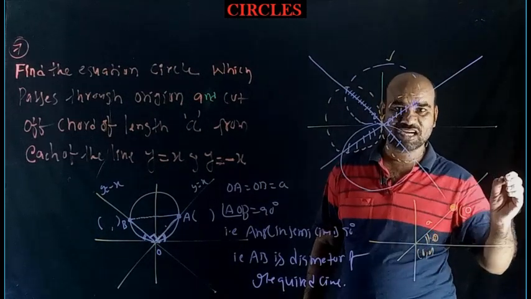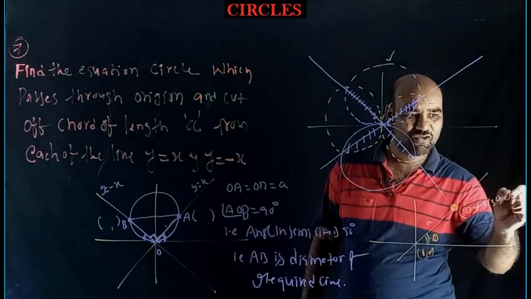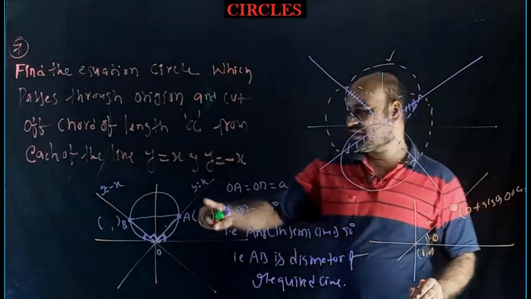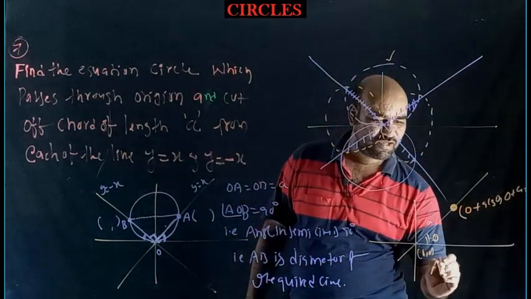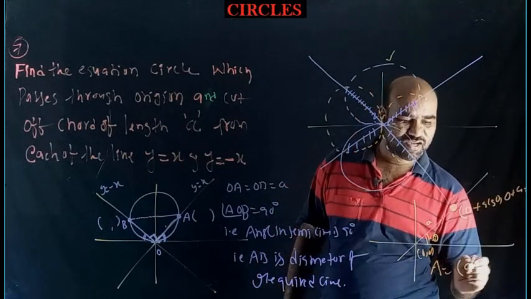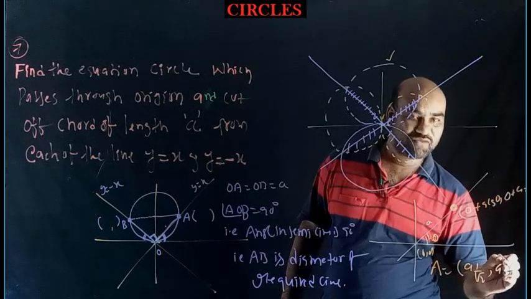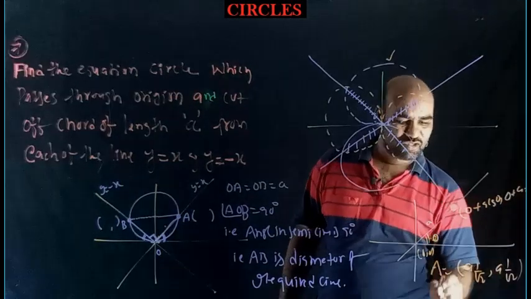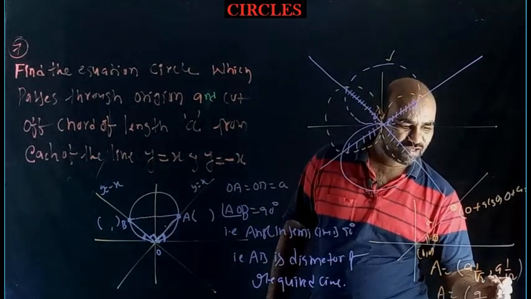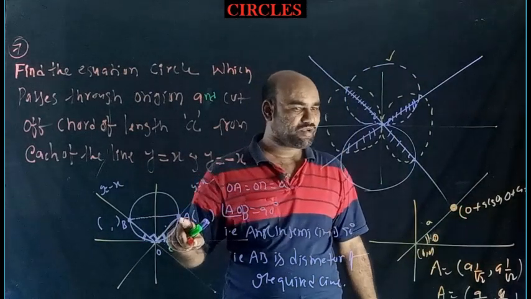That is 0 plus a cos theta, 0 plus a sin theta. Understood? So directly I can say the coordinates of A. 0 plus a means a only. Cos 45 is 1 by root 2, a into sin 45 is 1 by root 2. Therefore the coordinates of A are a by root 2 comma a by root 2.